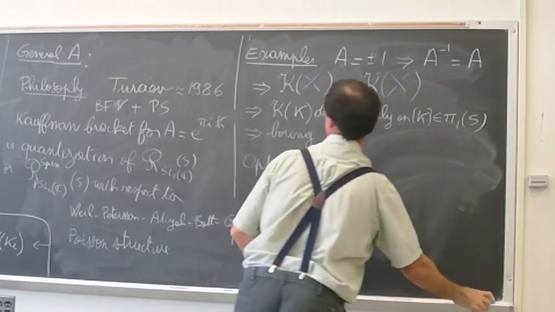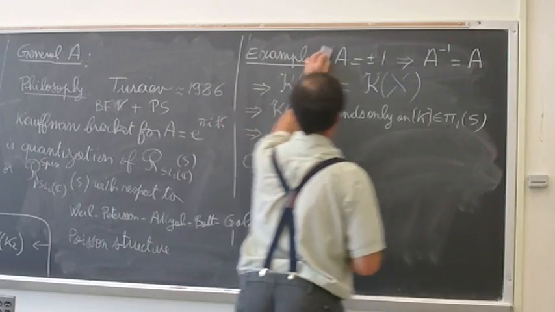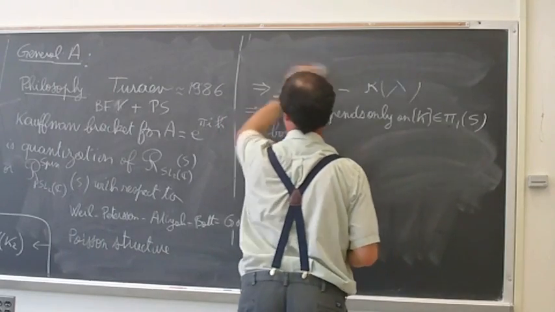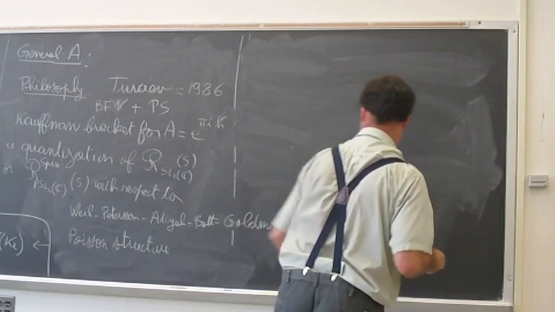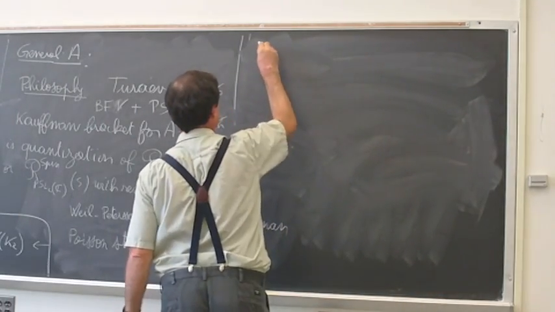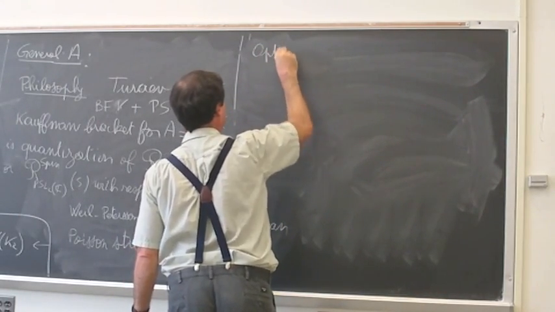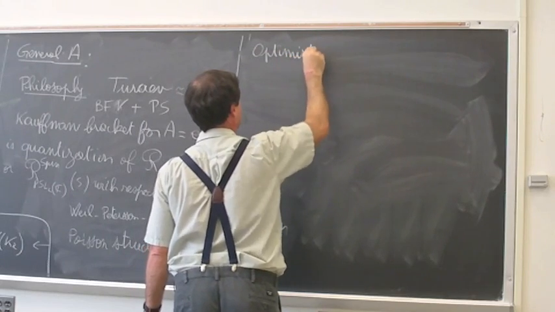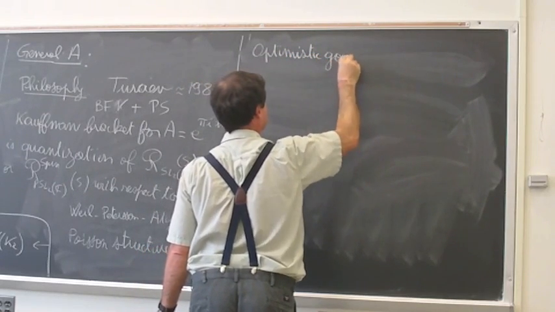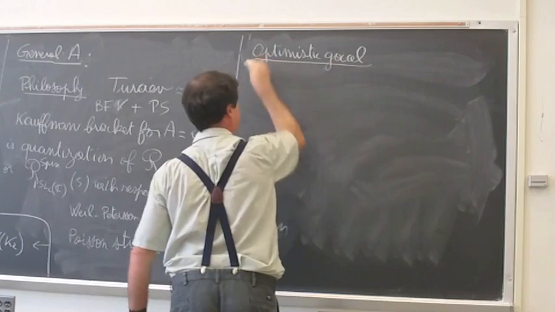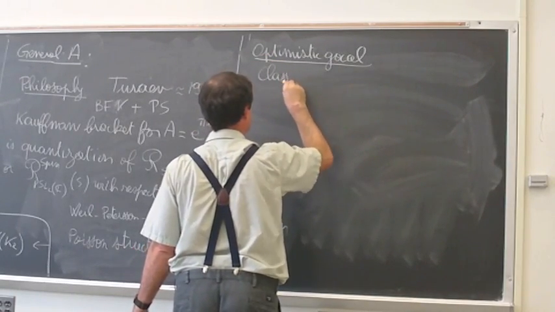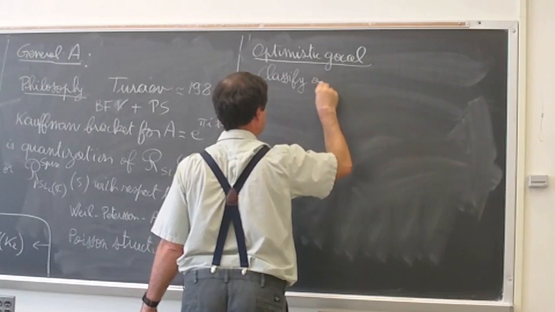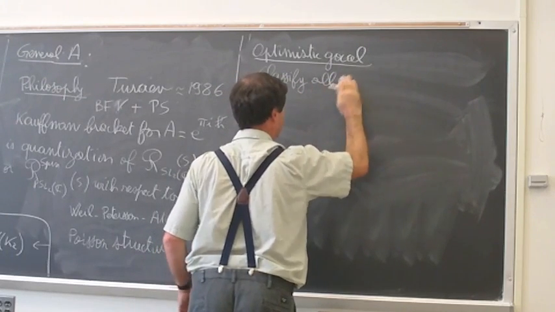So that's general A. It's not an example anymore. So the optimistic goal is to classify all Kauffman brackets.